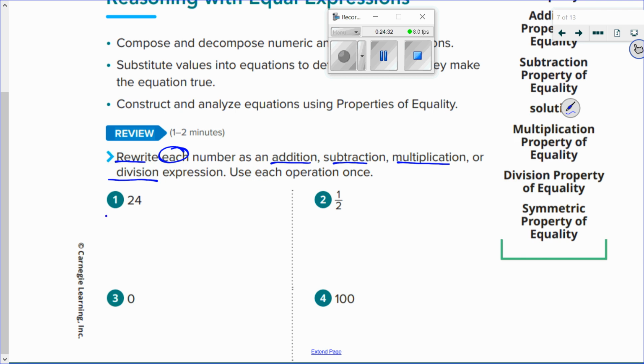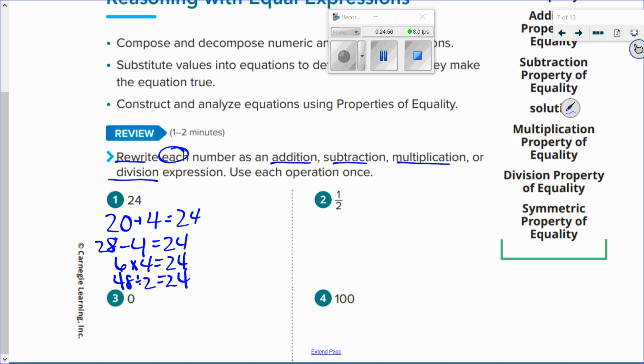If I rewrite this, 20 plus 4 is 24. 28 minus 4 is 24. 6 times 4 is 24. 48 divided by 2 is 24.